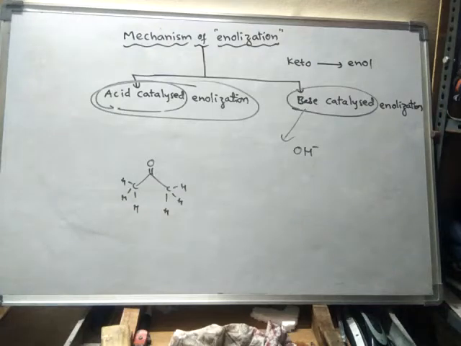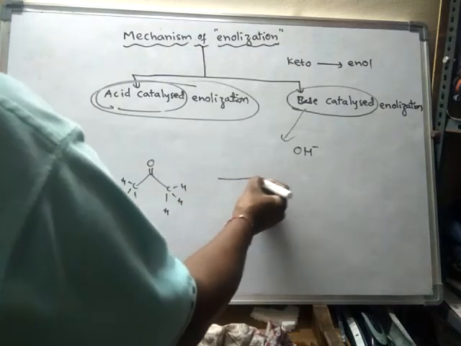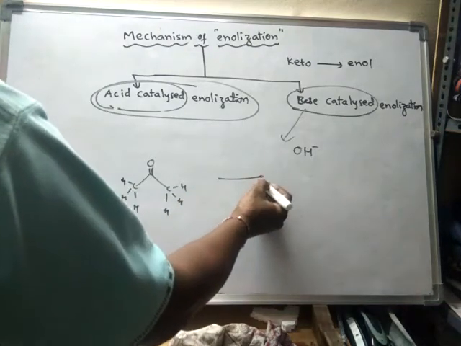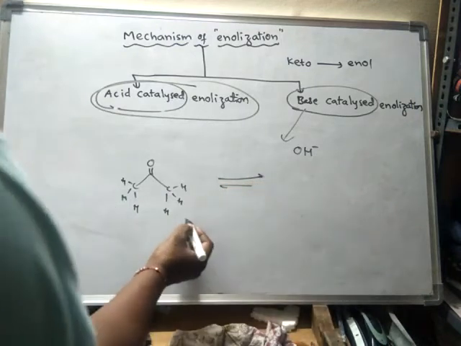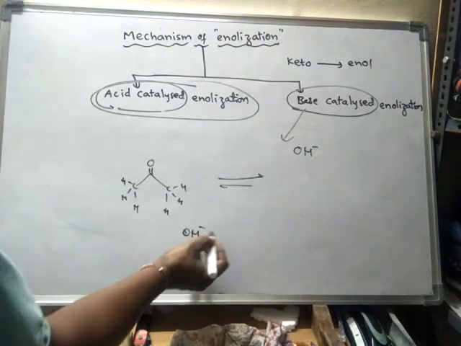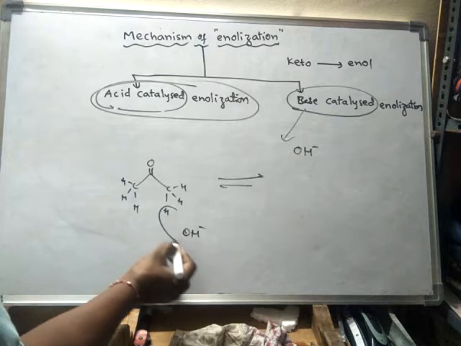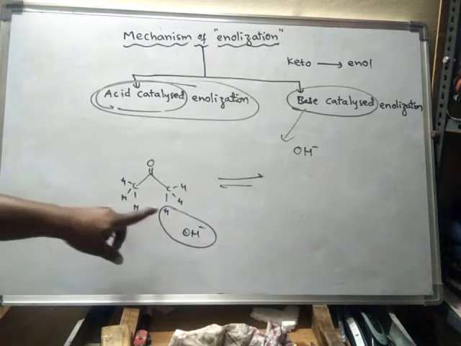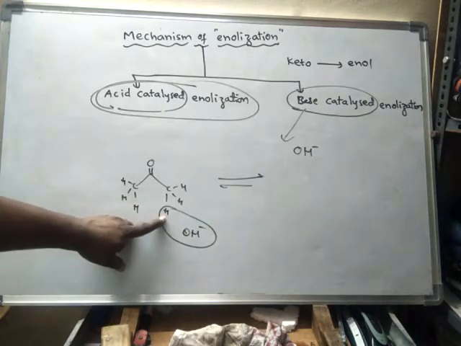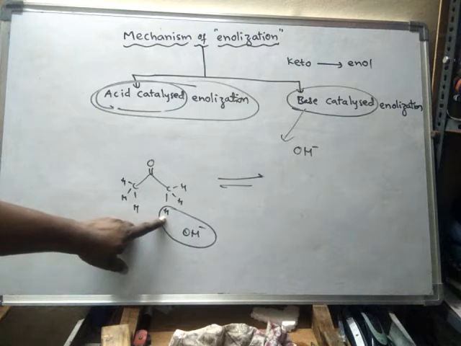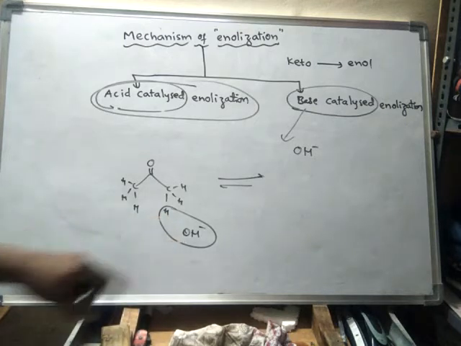So in this process, the OH minus group will attack this H plus, the alpha hydrogen, because alpha hydrogens are said to be acidic hydrogens. As it is an acidic hydrogen, it is attacked by the OH minus.